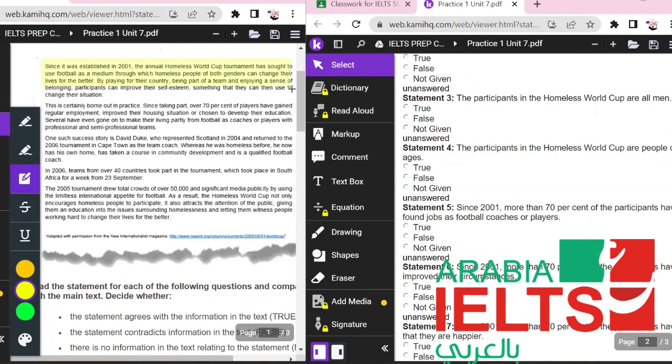The participants in the Homeless World Cup are people from all ages. What about this one? Not given. Correct. Great job. Not given, because there is no mention of ages in the text. The age criteria was not mentioned. So in the answer sheet we put NG.